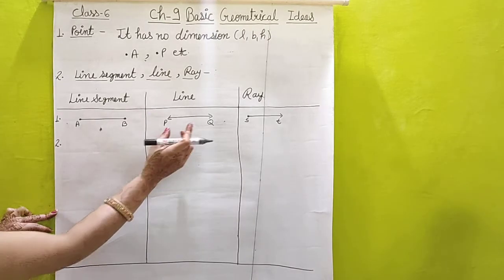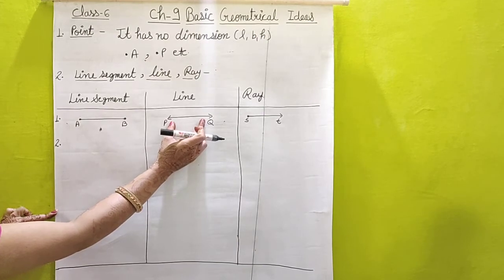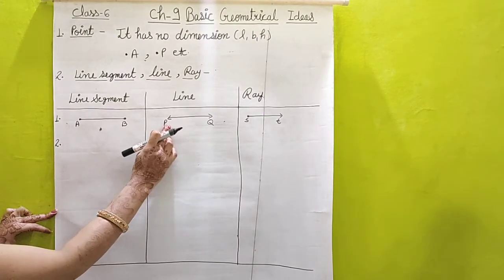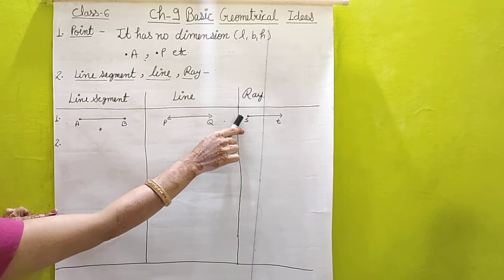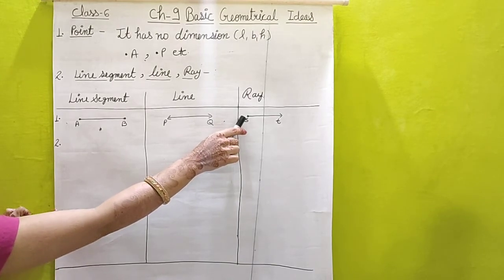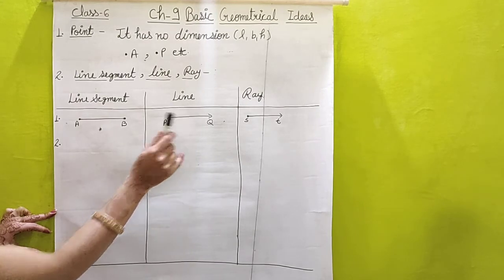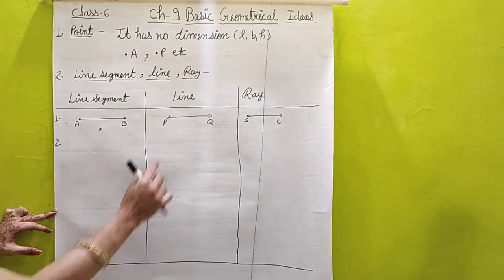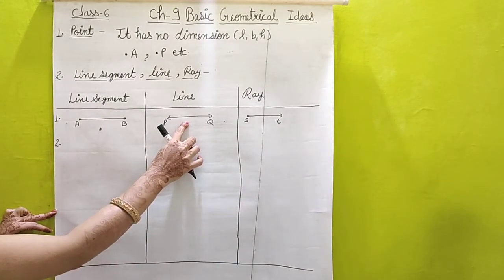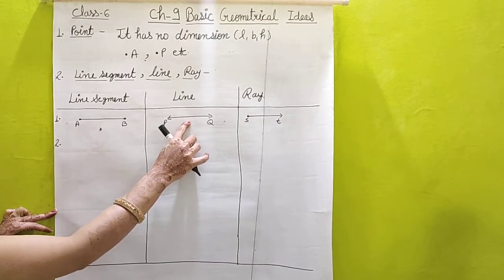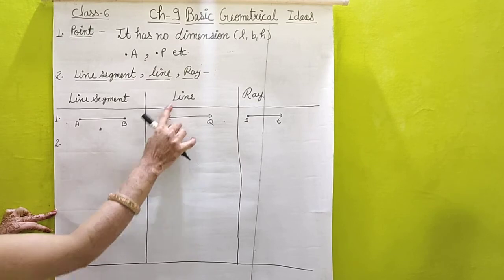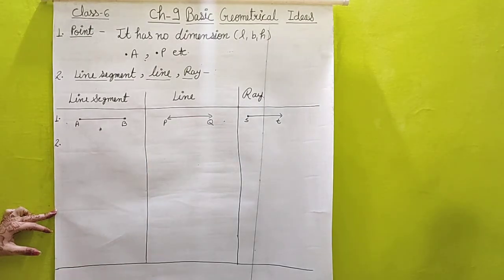Line, students, both sides you can see an arrow is given. Arrow means it will go this side, right hand side and left hand side, both sides. It means a line does not have a fixed length. We can extend a line in both directions. We cannot draw it completely on a plane.